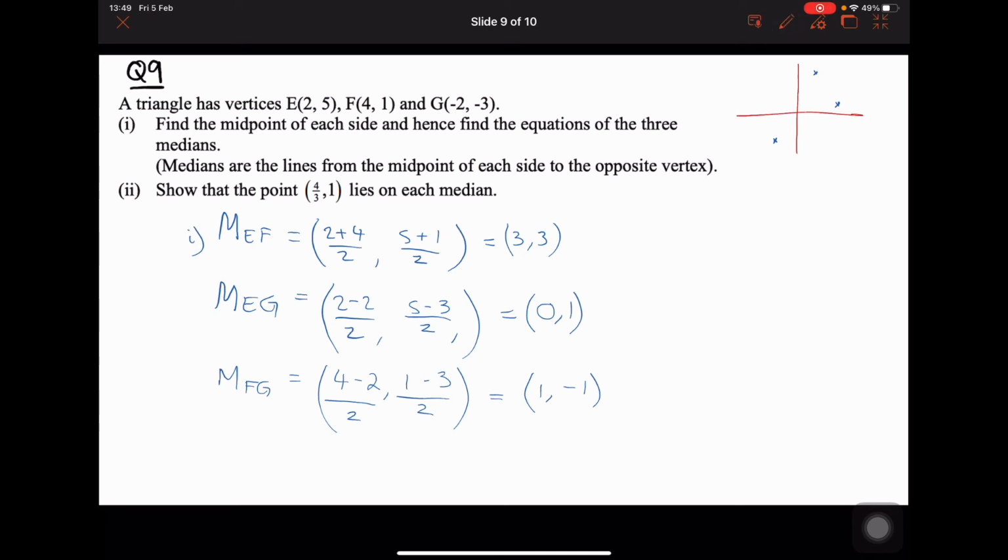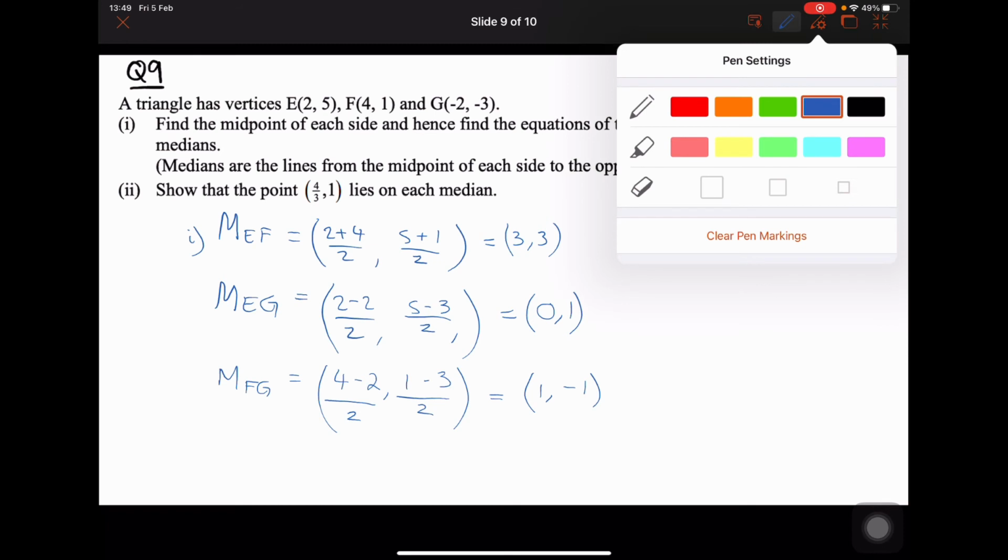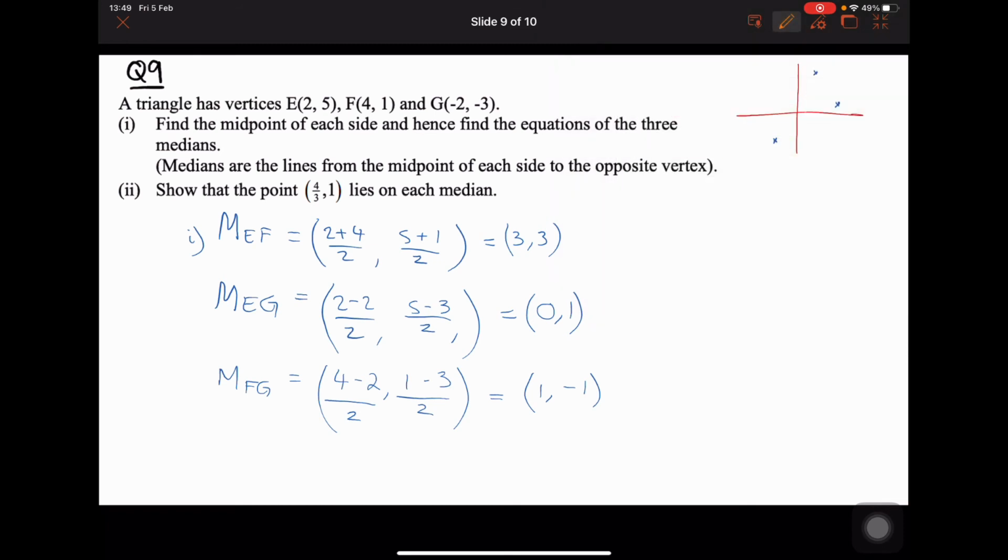Okay, now I'm going to plot these coordinates. So we have 3, 3 here, -1, -1 is here, and 0, 1.